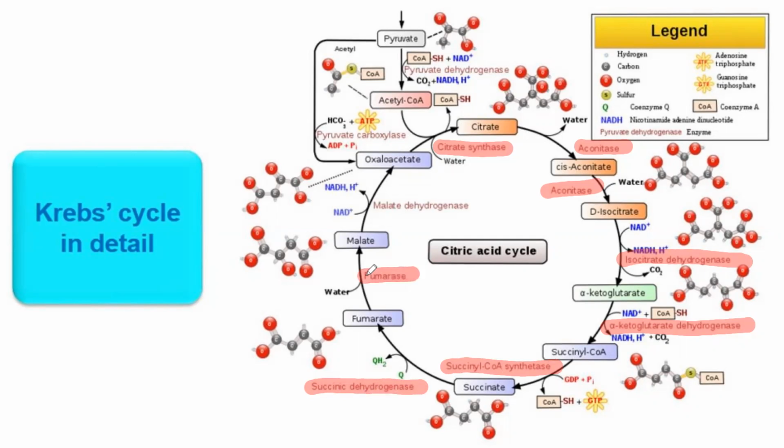Then fumarate is converted into malate, and by the action of the enzyme malate dehydrogenase, malic acid is converted into oxaloacetic acid. So this is the overall reaction of the Krebs cycle. Also, the formation of acetyl-CoA from pyruvate is done by the pyruvate dehydrogenase enzyme.